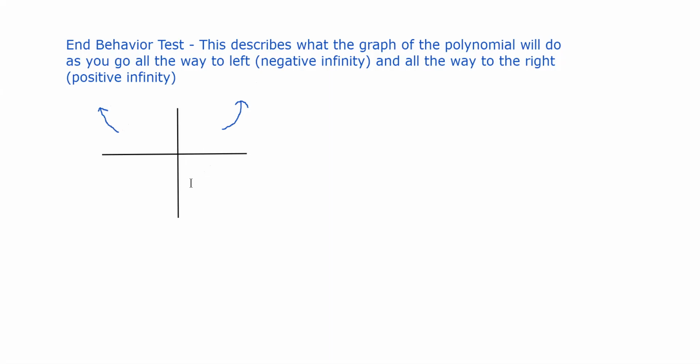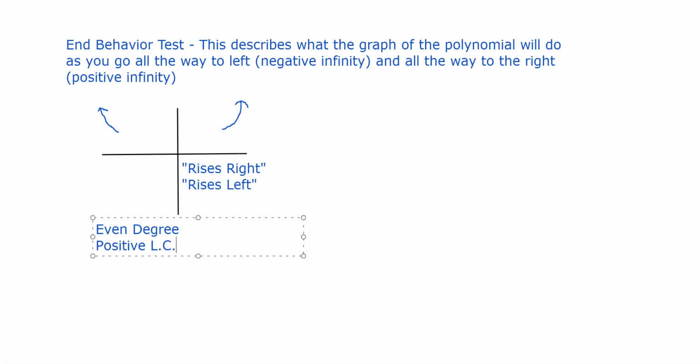You might say that this rises right and rises left. You might say that's the case. That's only going to happen if we have an even degree positive lead coefficient.